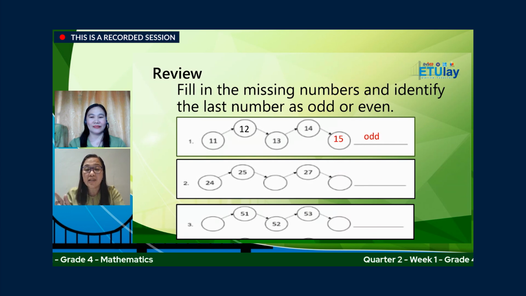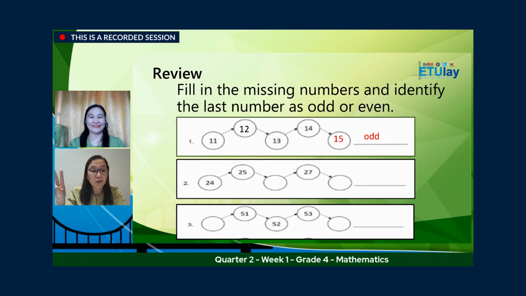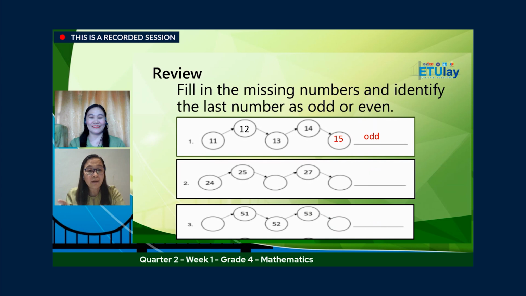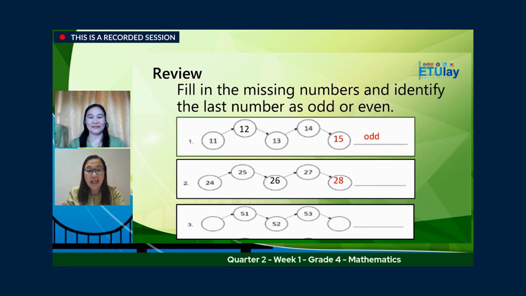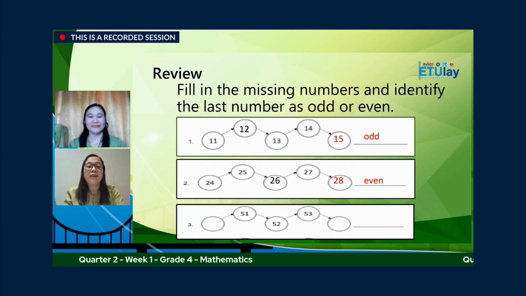If you answered odd, you are correct. Number 2: 24, 25, 26, 27, 28, and if you answered even, that's right.